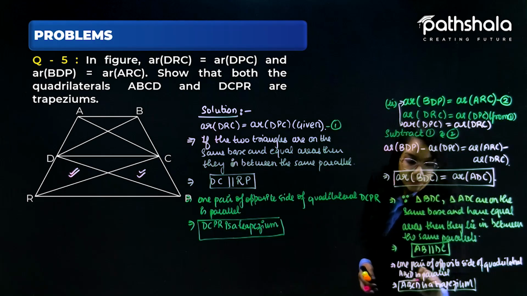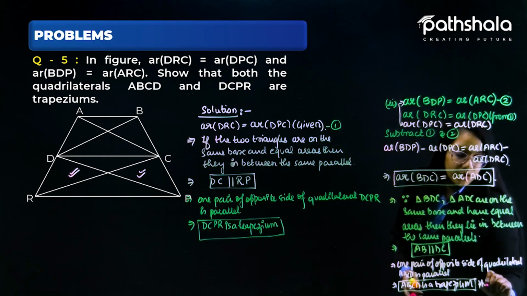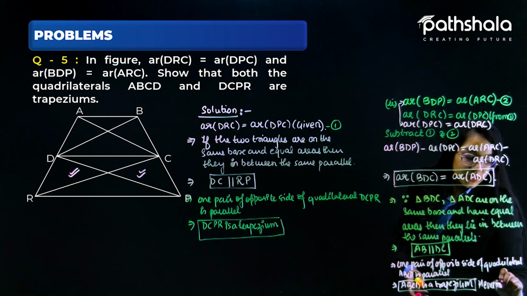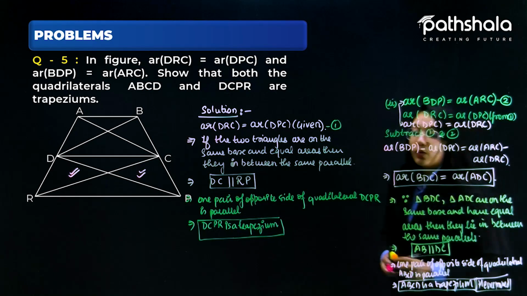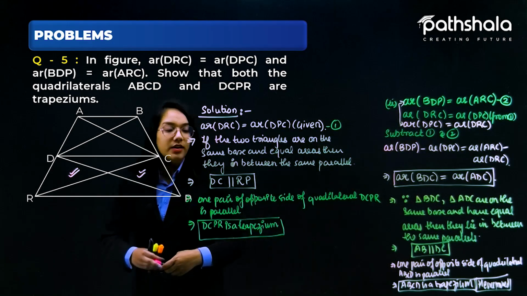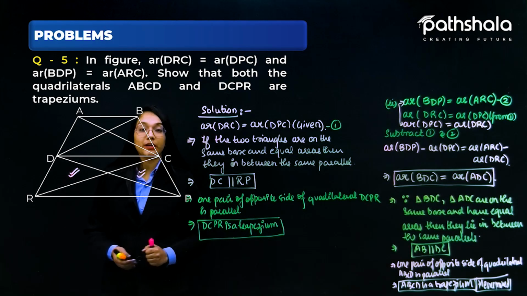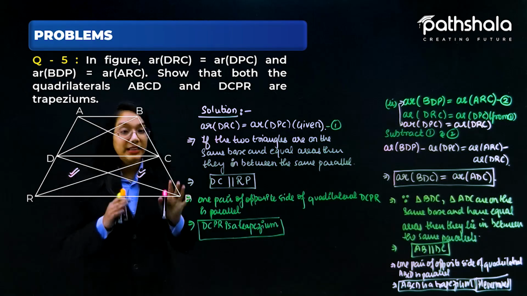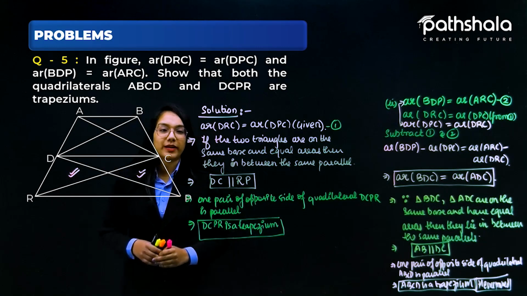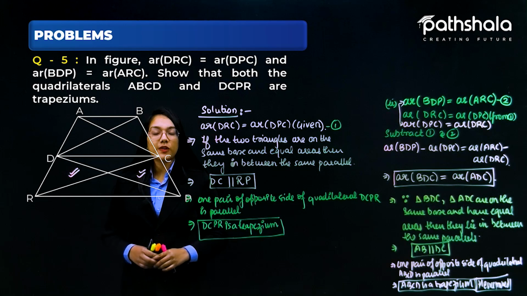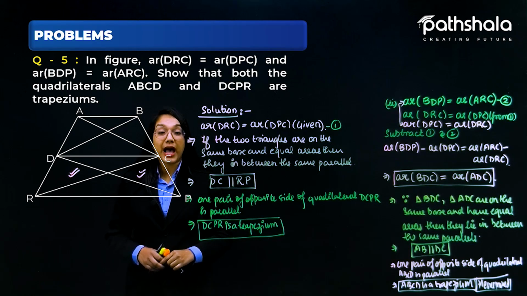So we are done with proving both cases: we have proved that the quadrilateral DCPR is a trapezium, and in the second case that ABCD is a trapezium. With this question, this is the end of the chapter on the area of parallelograms and triangles.